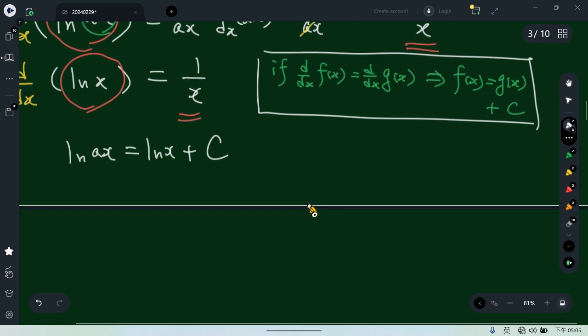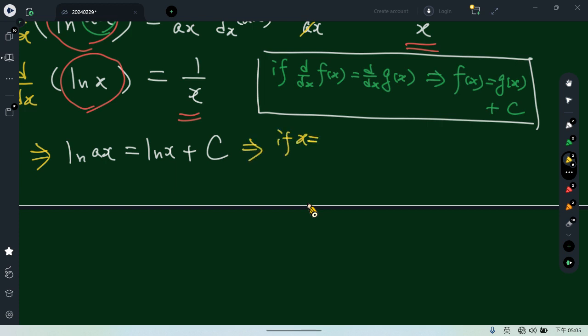So we can continue. If x is equal to 1, we can get ln of a times 1 is equal to ln 1 plus c.